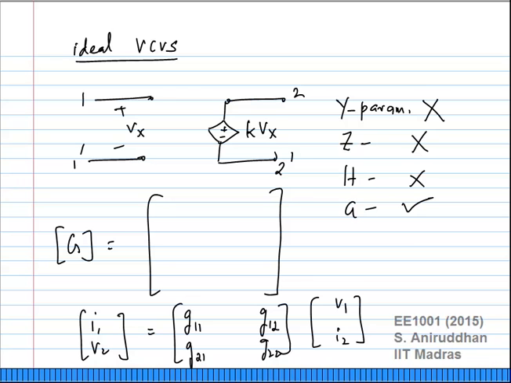So you set I2 to 0, open circuit, the second port, apply a V1, okay, find out I1. What is that? 0. So G11 is 0. What is G12?